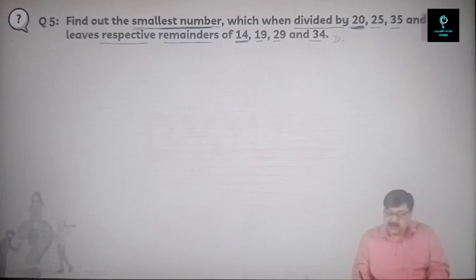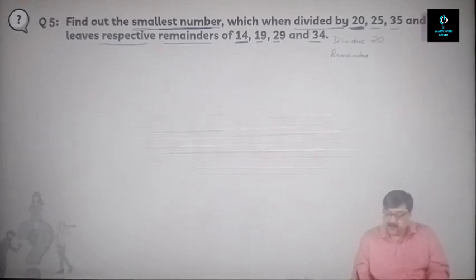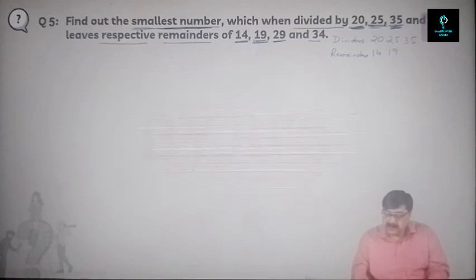So these are the dividers and these are the remainders: when you divide by 20, remainder is 14. When you divide by 25, remainder will be 19. When you divide by 35, remainder shall be 29. And when you divide by 40, the remainder should be 34.